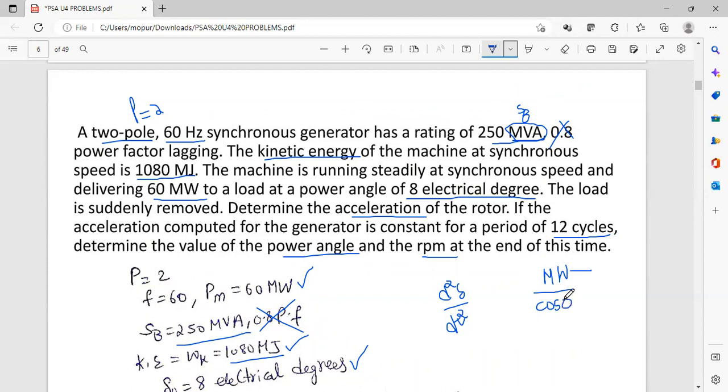If they have given megavolt ampere reactive, generally they won't ask, but you should be able to solve it when they do. Then you should divide with sin phi. Divide with sin phi. Since in this problem they have directly given megavolt ampere, you can take that as SB.